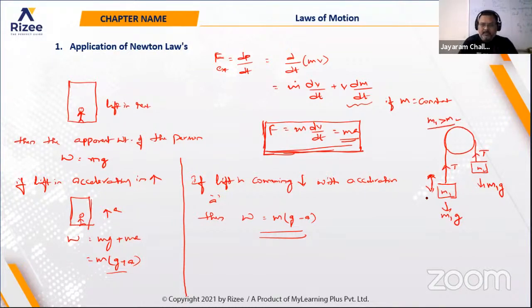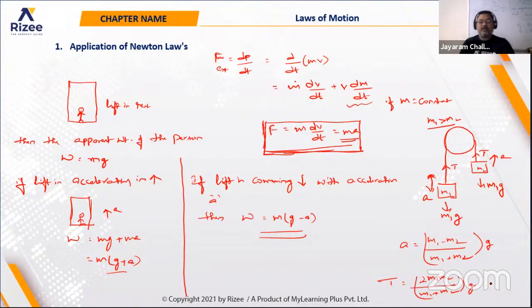In that situation, m1 comes down with an acceleration and m2 moves upwards with the same acceleration. For these connecting bodies, the acceleration is a = (m1 - m2)/(m1 + m2) times g, and the tension in the string is 2 m1 m2/(m1 + m2) times g. Please go through all these connecting body problems, how you obtain the acceleration and the tension in the string, or the resultant force conditions.